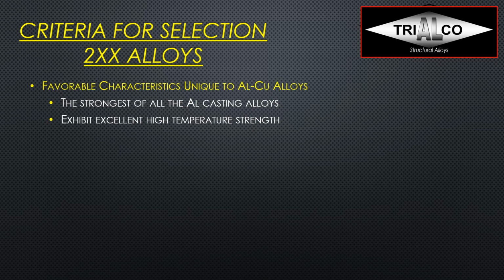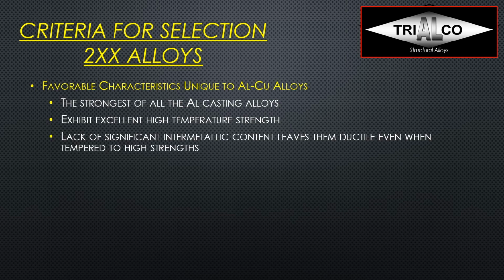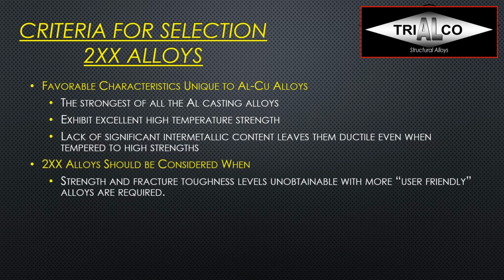After that, they get softer and we need to work with other elements, but that's already pretty high in terms of temperature for normal casting applications. Lack of significant intermetallic content leaves them pretty ductile, even when tempered to high strength. We have seen that with the A206 as an example. They should be considered when strength and fracture toughness levels are unobtainable with more user-friendly alloys.